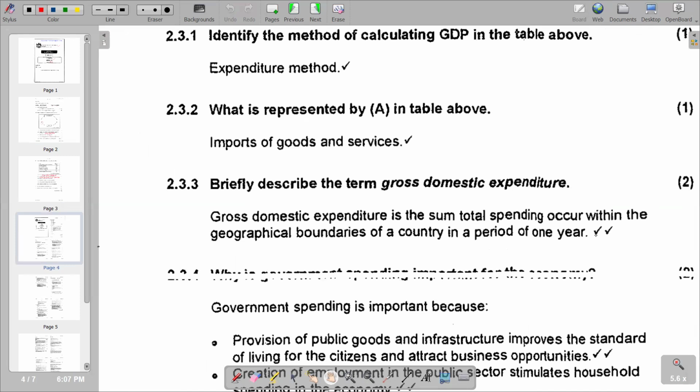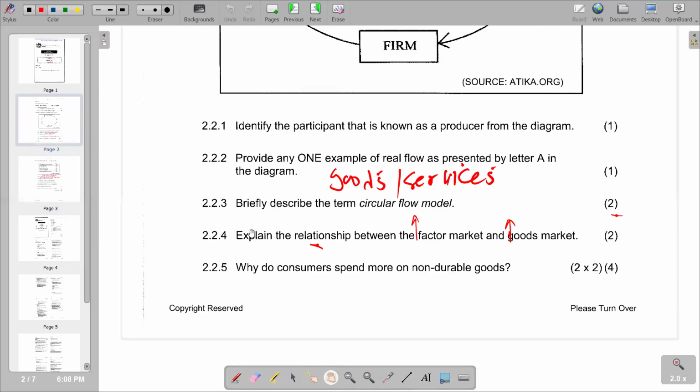So the period usually is annual, which is over a period of 1 year. So basically, that's our GDE, which is the gross domestic expenditure. Remember, gross domestic product and gross domestic expenditure just mean the same thing. So we go to the next question that we have.